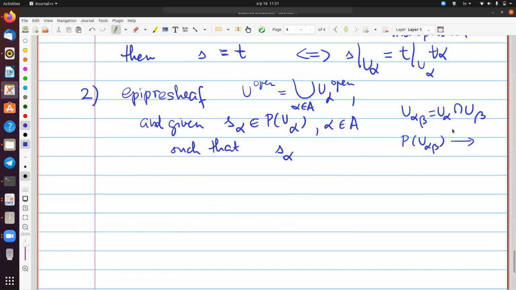And of course, you have R, you restrict from alpha to alpha beta, to P of U alpha.